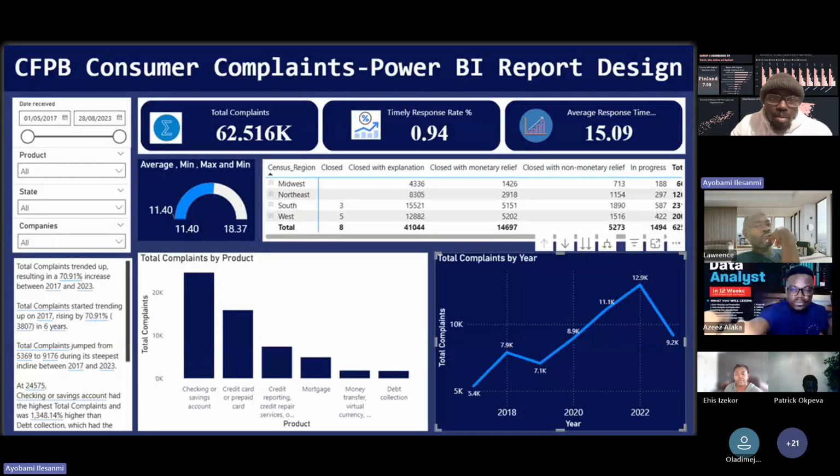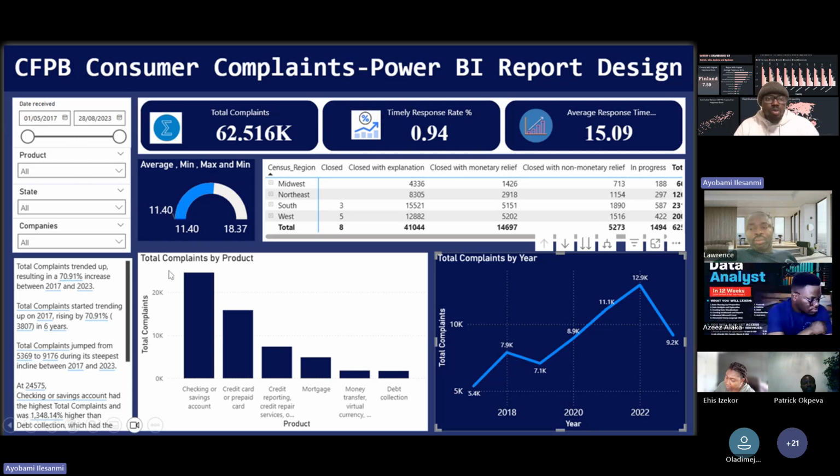So this is the maximum: 18.37 is the maximum response time for the companies, and we have the minimum time to be 11.4, and the average is 15.09 on the chart.